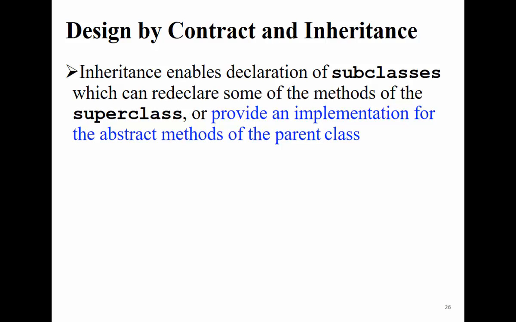So for design by contract, the one fact you need to keep in your mind while we are discussing this topic: if you have a subclass, the subclass at any point in your application should substitute the superclass. And if the superclass does something, the subclass should do the same thing. Okay? Otherwise, the client will not be happy.